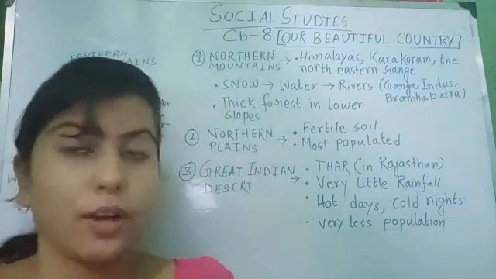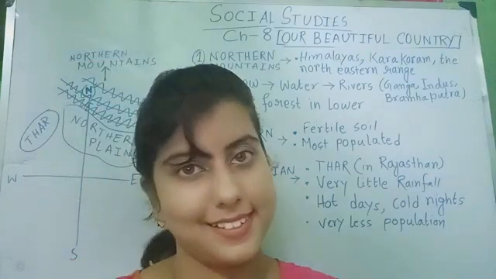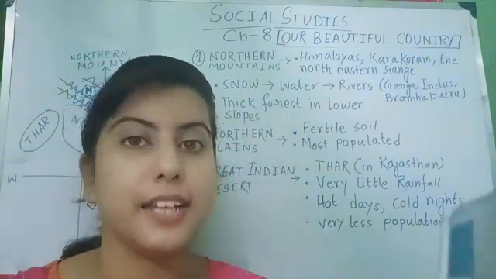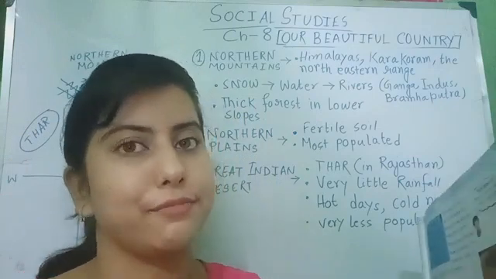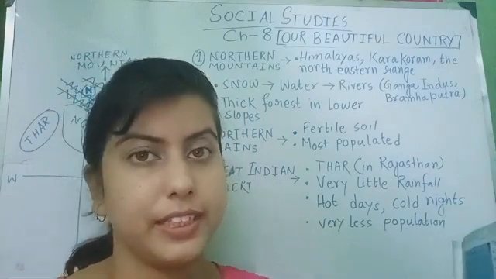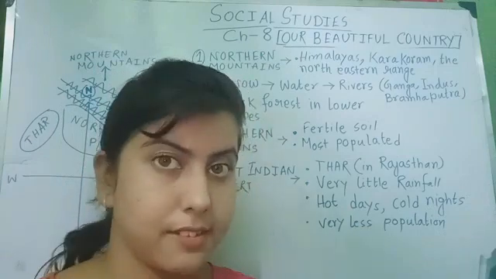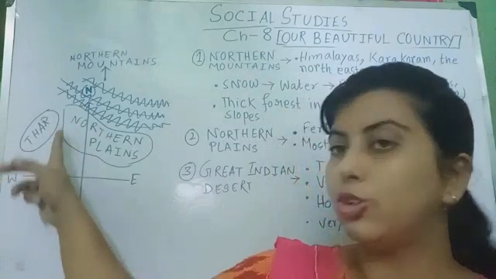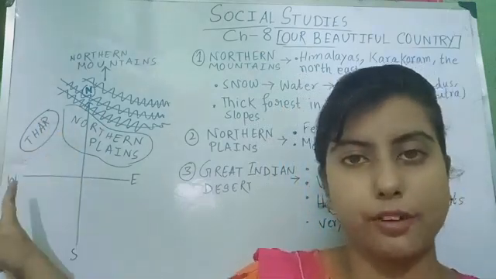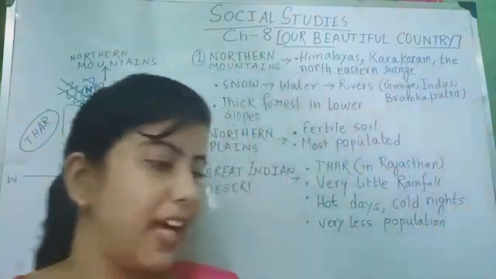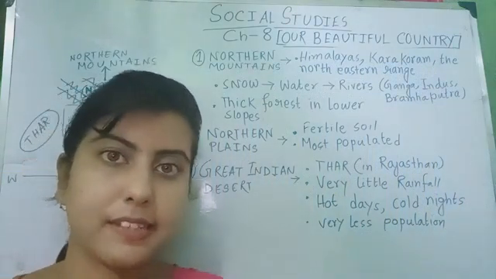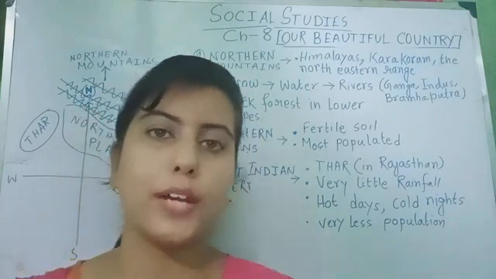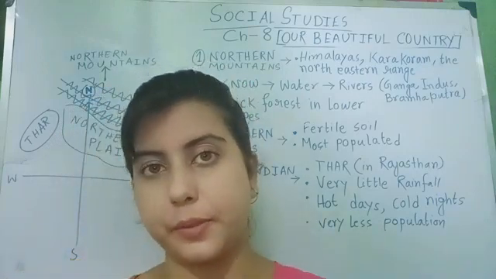Now we will talk about the Great Indian Desert. The Great Indian Desert is the third desert that we can find in our country in the state of Rajasthan. It lies in the northwestern part of our country, mainly in the state of Rajasthan, and it is popularly known as the third desert.